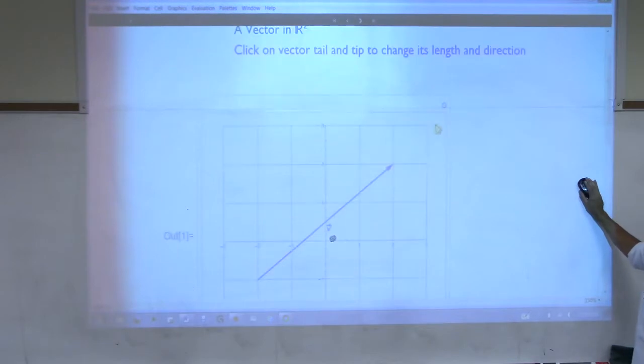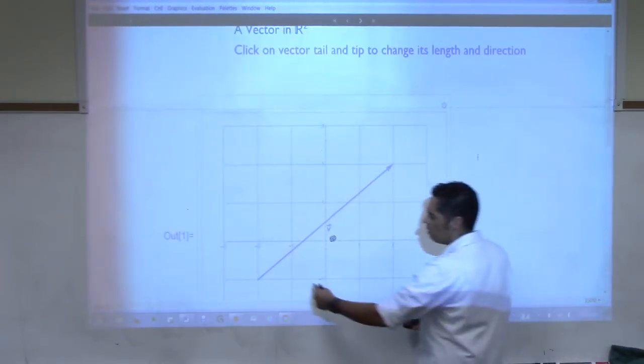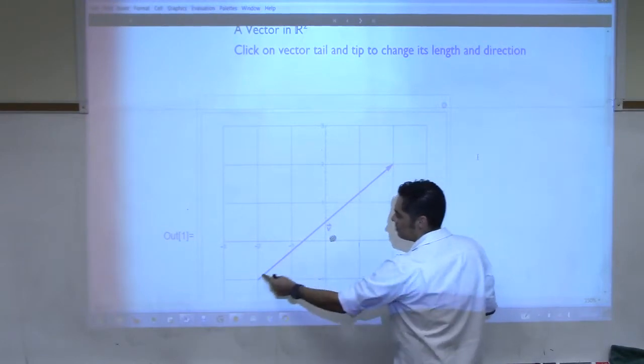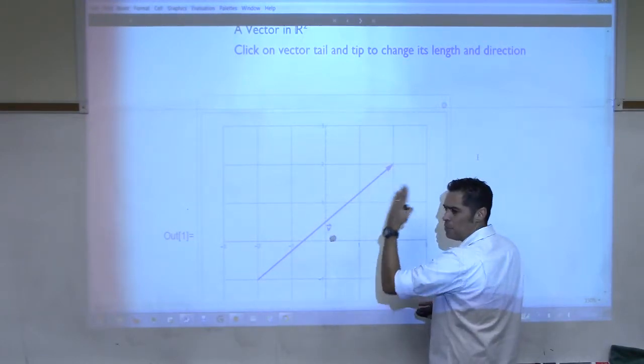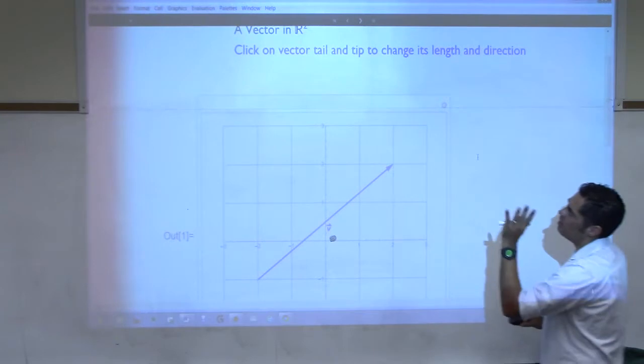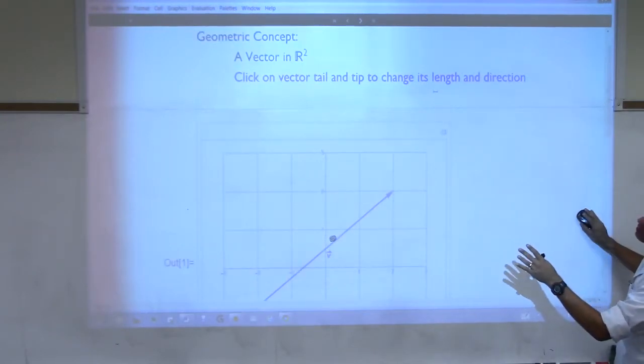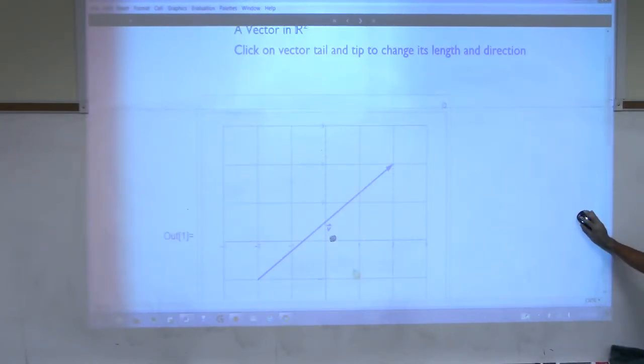The easiest way to visualize a vector is to picture an arrow that has some length to it and is pointed in some direction. This is a vector in two-dimensional space. I can change where this thing points and how long it is. These are all different vectors here.